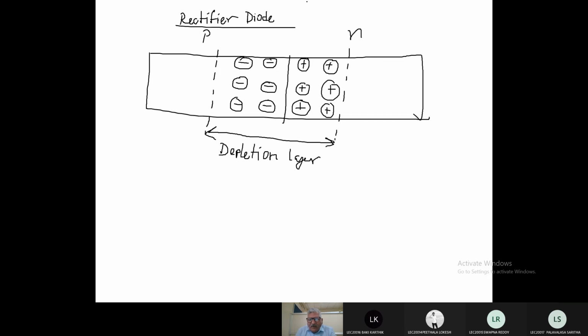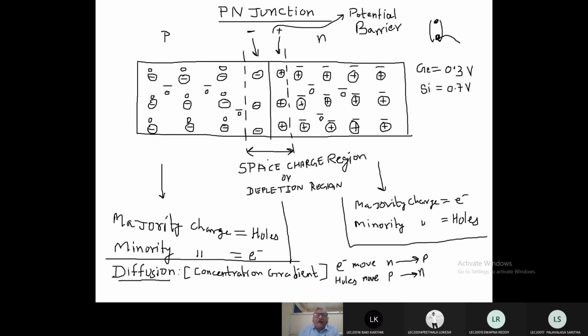So the electron will come from the silicon atoms. Once the impurity atom gains the electron, it becomes a negative ion. So in this diagram, in the space charge region, there are only negative ions on the P side and positive ions on the N side.